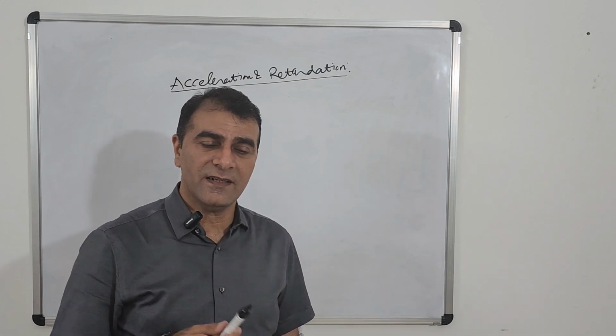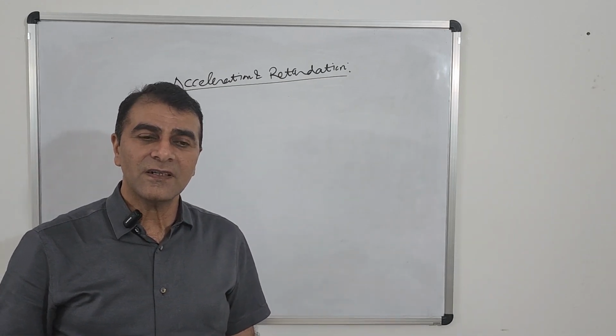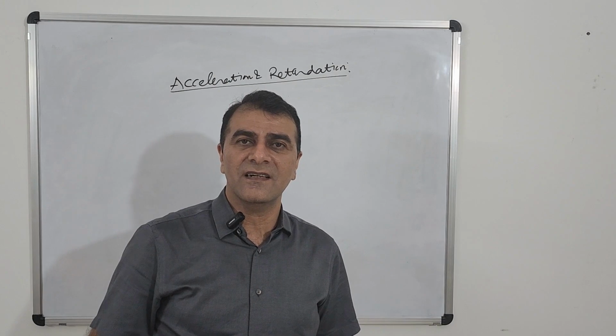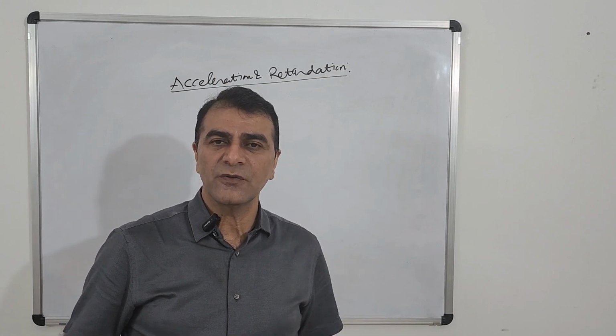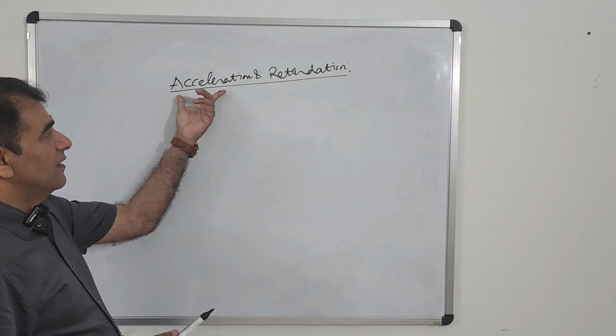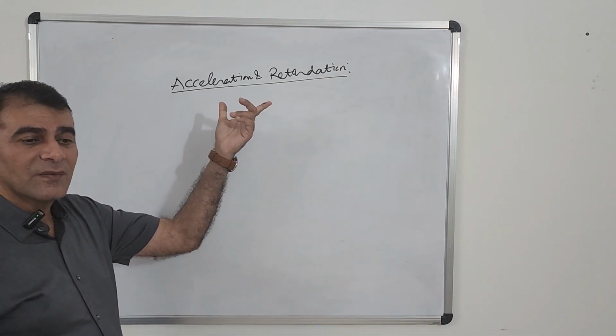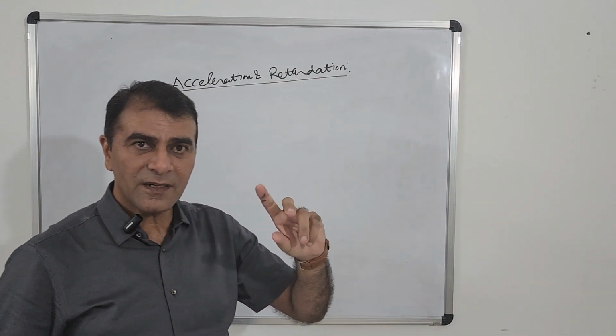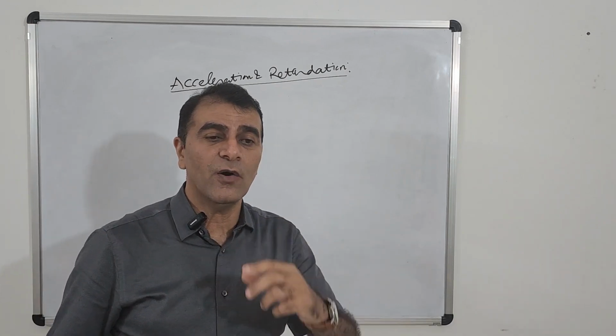He will use this word accelerator. What does the accelerator do? When you press the accelerator, velocity or speed of the car increases, right? So it means acceleration is somewhat related with velocity. Let us see how.